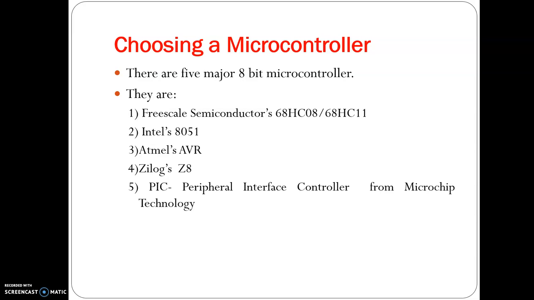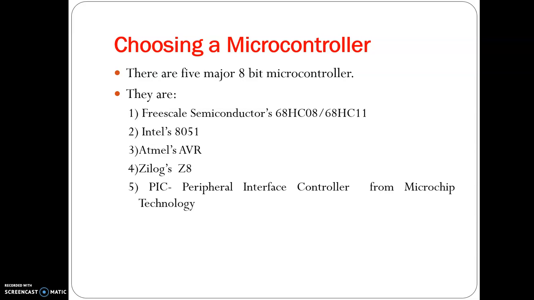If I have written a program for Intel 8051, then it is not going to run on Zilog Z8, as all these 5 microcontrollers have different register sets and different instruction sets. There are also 16-bit and 32-bit microcontrollers made by various chip makers, but I have only listed the 8-bit microcontrollers here.